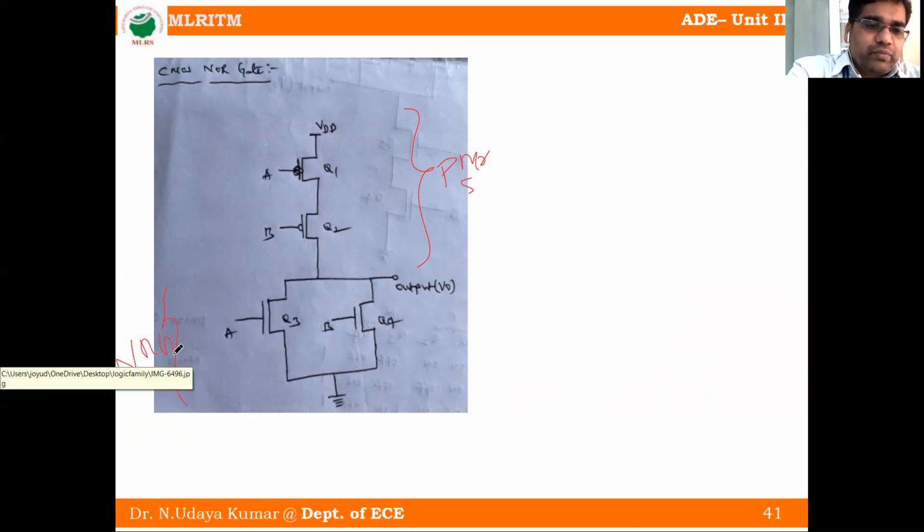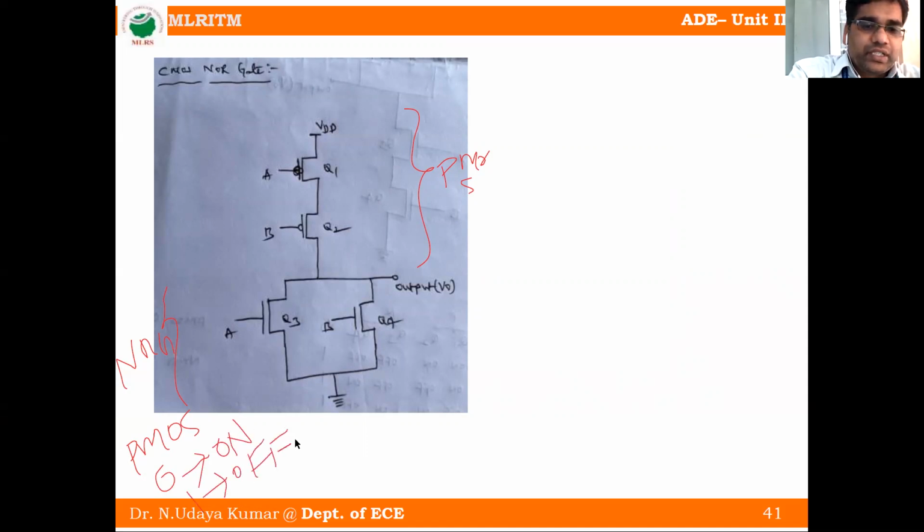So we know the basics: for PMOS, if 0 is given, it is on, and if 1 is given, it is off. So this is the basic. Similarly, for NMOS, 0 is given, it is off, and 1 is given, it is on.